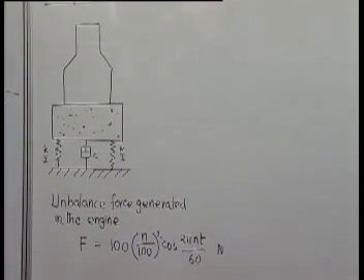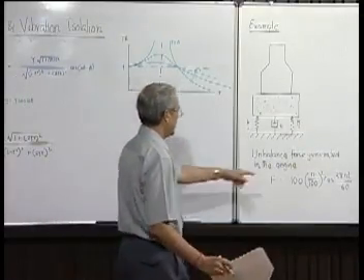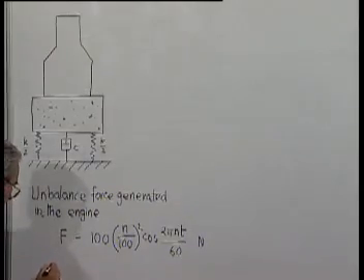So, the unbalanced force generated in the engine is given by this expression, where small n is the RPM of the engine.